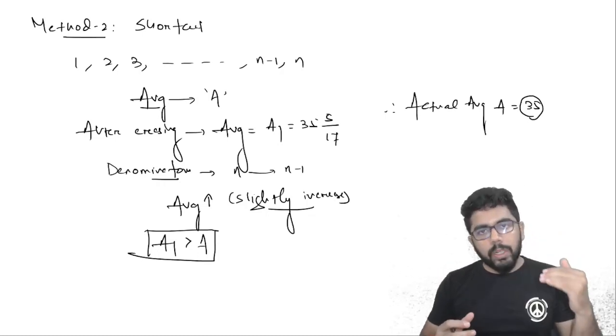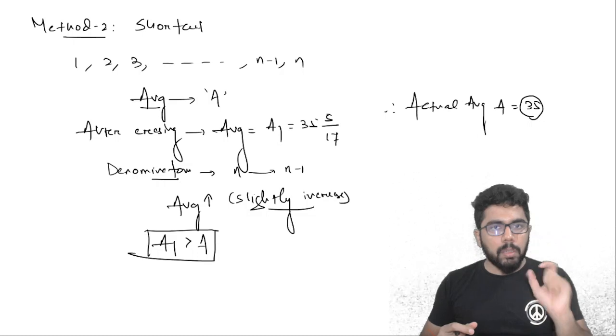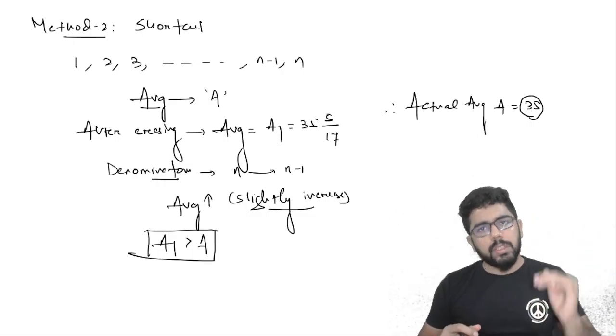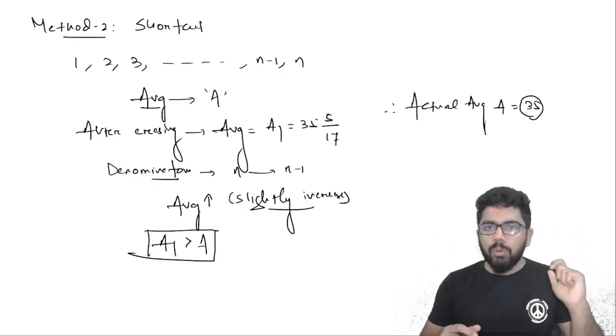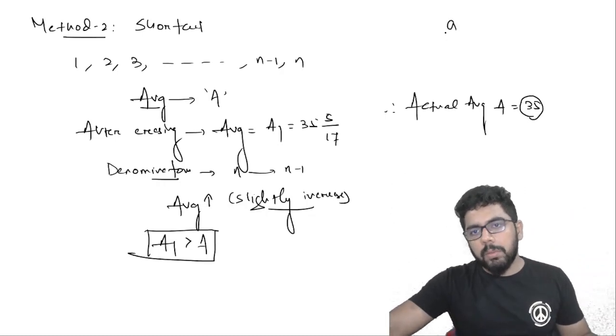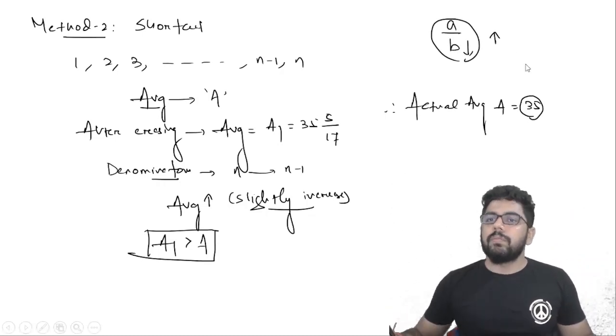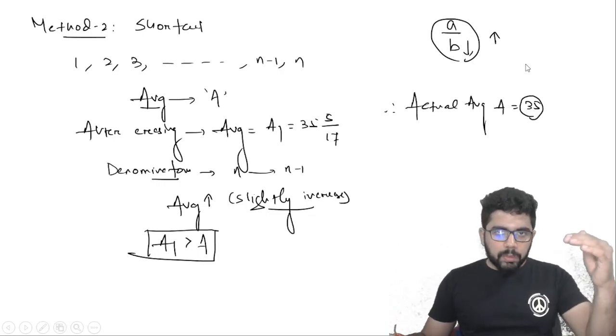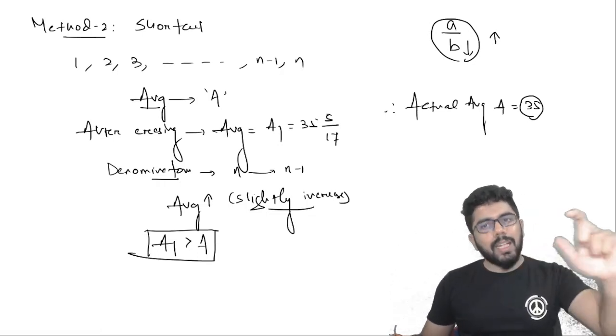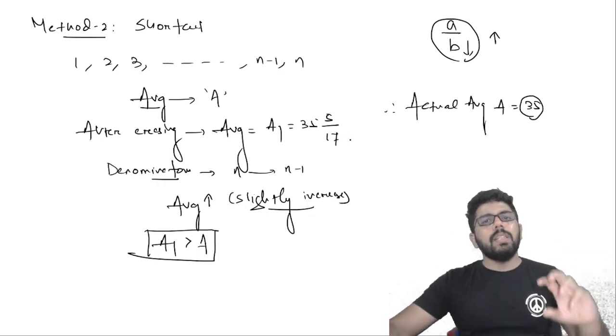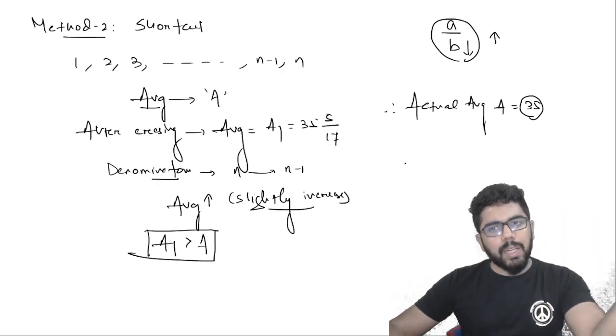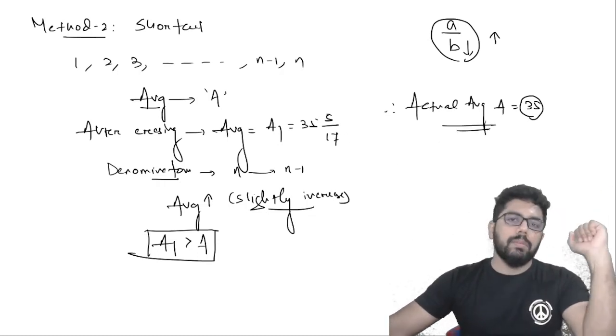Because when I'm calculating average, it is sum divided by the number of terms. So if the number of terms is reducing by 1, the average will slightly go up. Because in any fraction A by B, if B reduces, the overall thing will increase. 5 by 17 is that slight increase. That means my average is most likely 35.